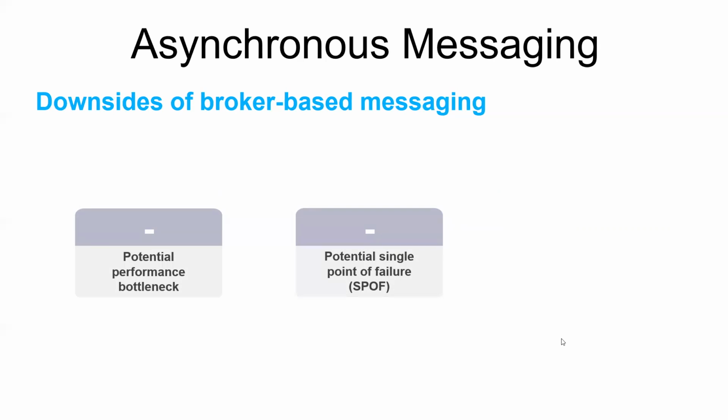It is essential that the message broker is highly available. Otherwise, system reliability will be impacted. Fortunately, most modern brokers have been designed to be highly available. And the last downside is additional operational complexity. The messaging system is yet another system component that must be installed, configured, and operated.